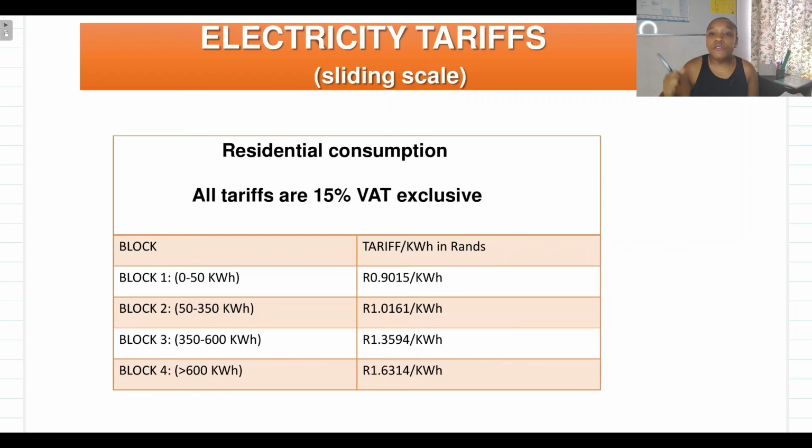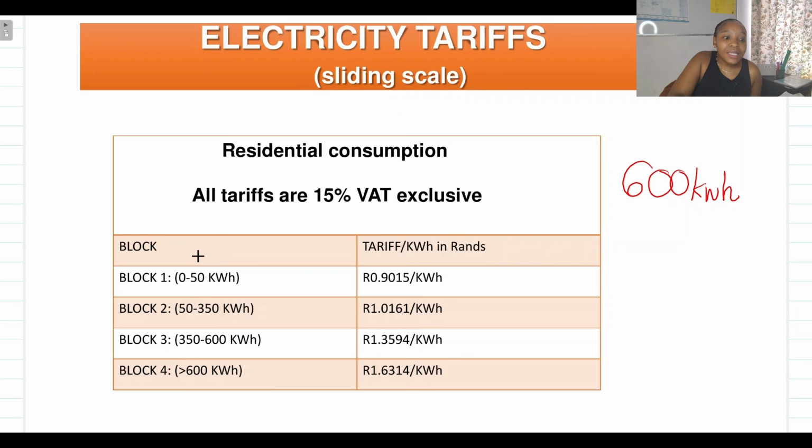The first thing we need to do, guys: we know that this family has used 600 kilowatt hours of electricity. So as we go through our blocks, we need to always remember that we need a maximum of 600 kilowatt hours when we add up all the units in our blocks.